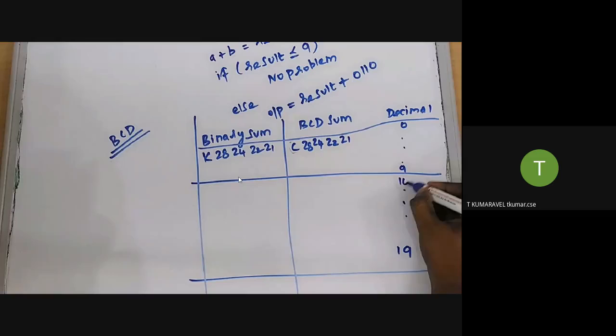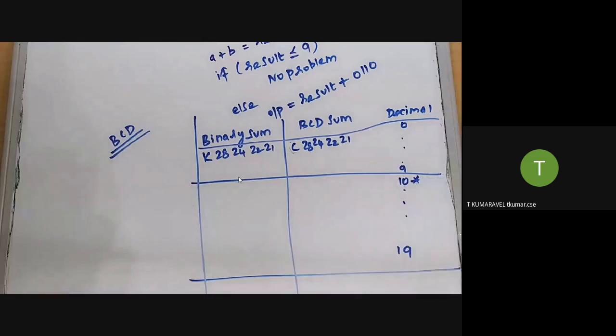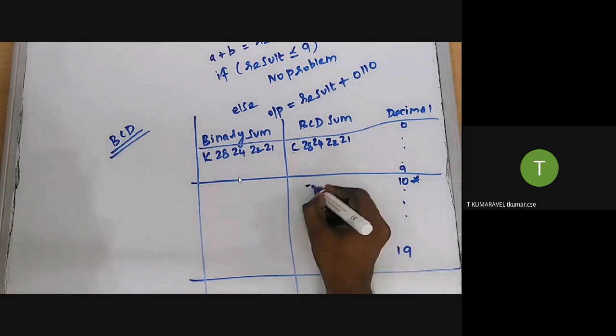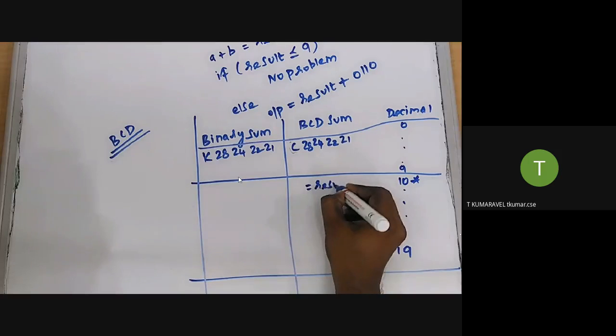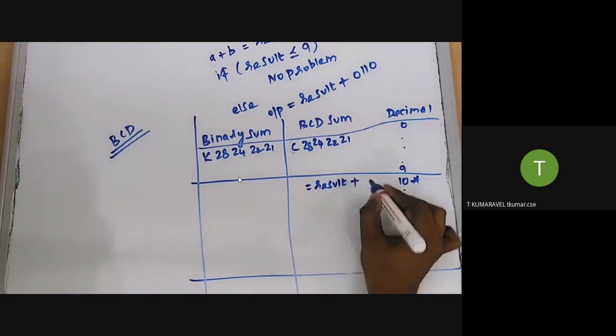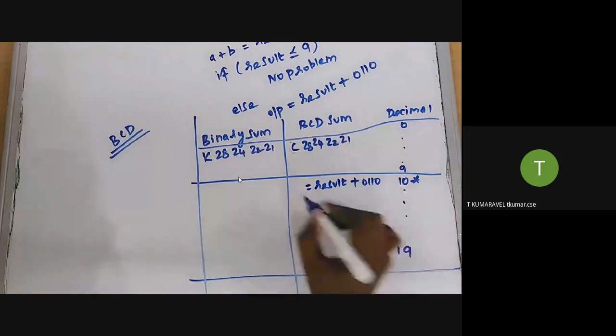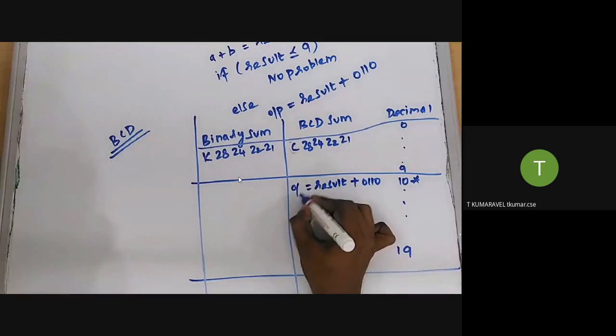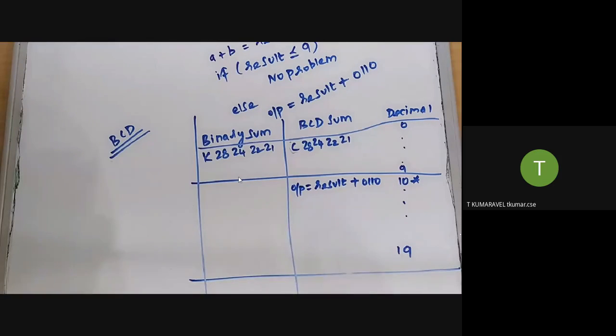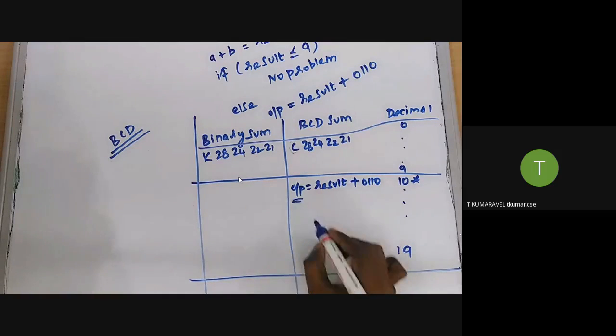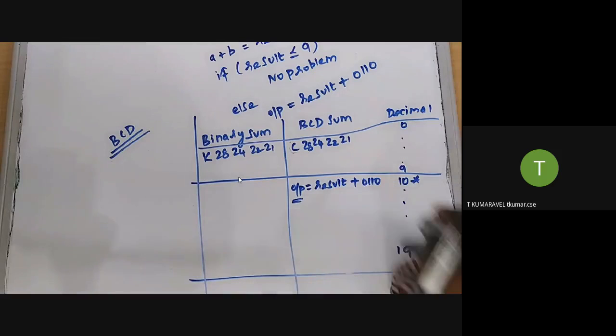Whenever the output value is greater than or equal to 10, along with the result, you want to add the correction bit. Then only you're going to produce a correct output.